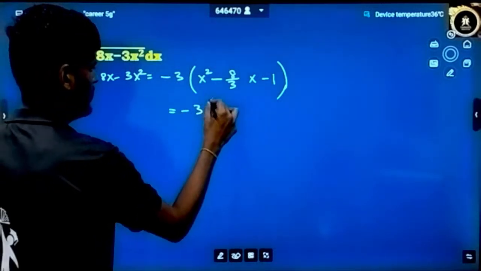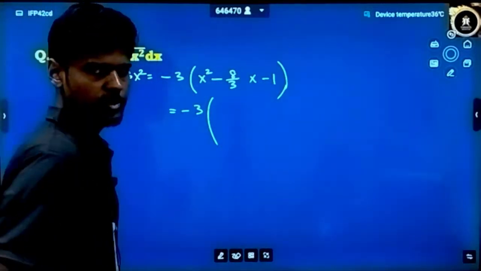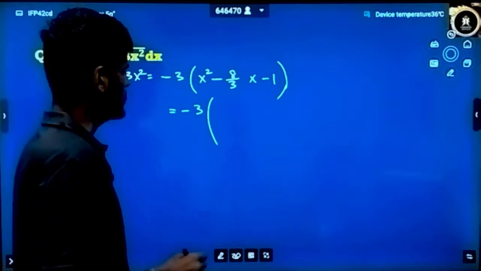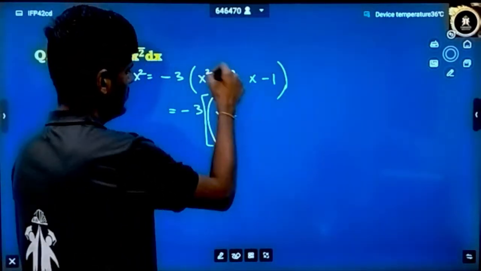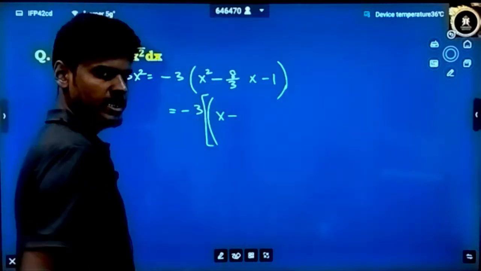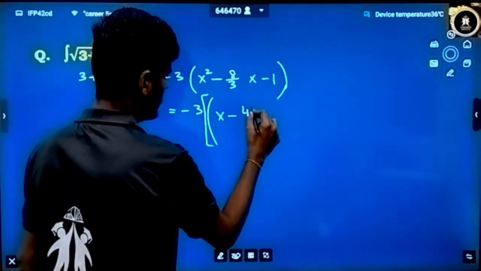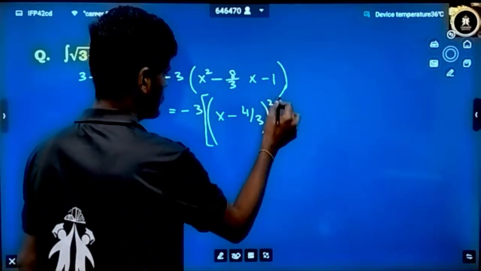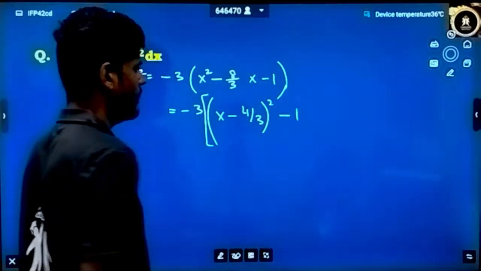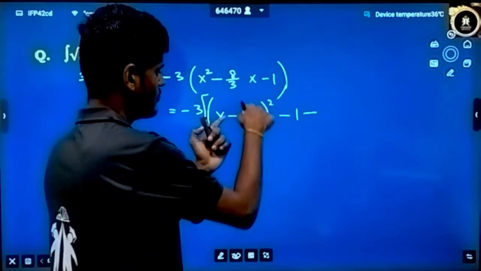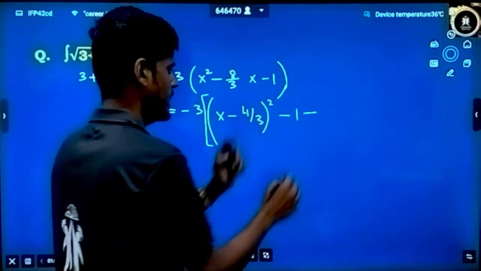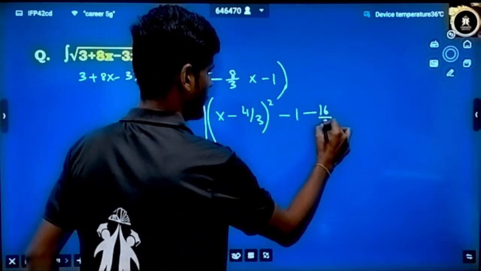Minus 3 times of, now write this quadratic in terms of perfect square. That will be (x − 4/3)², since 8/3 divided by 2 is 4/3. Here we already have minus 1, and b² will be 16/9, so we have to subtract 16/9.